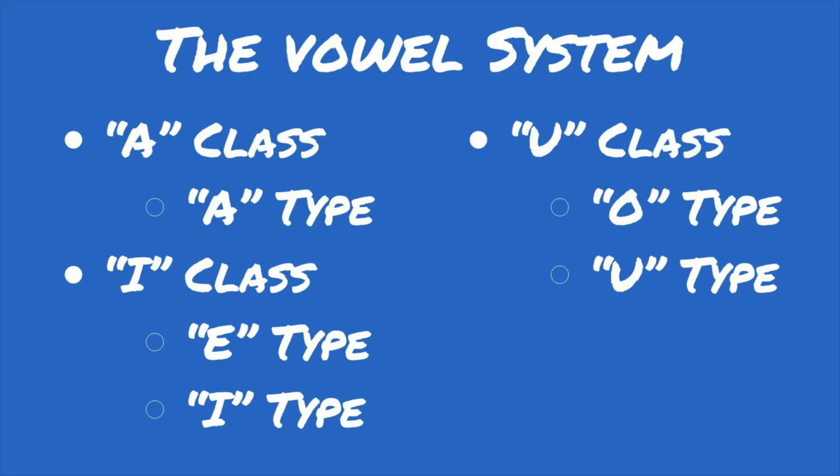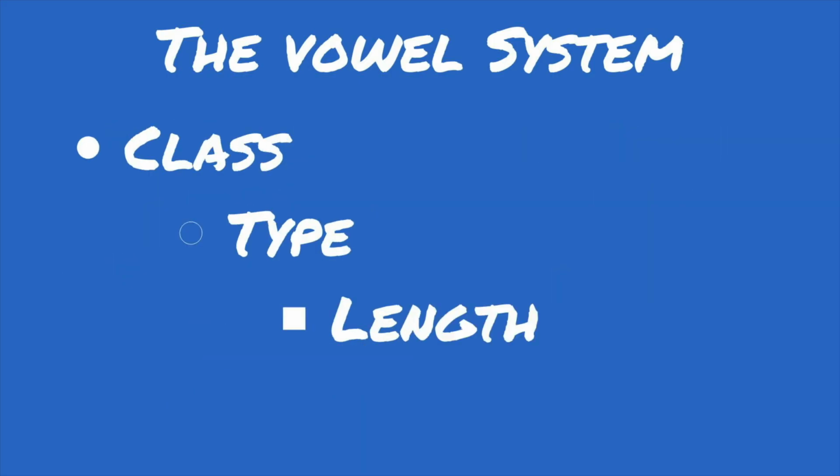In the U class, there is the O type and the U type. Thus, there are three vowel classes, but five vowel types. Each of the five types include a long form vowel and a short form vowel. The A, E, and O classes also include a reduced vowel, which is even shorter in length, or hurried as we said before, than the short vowels.